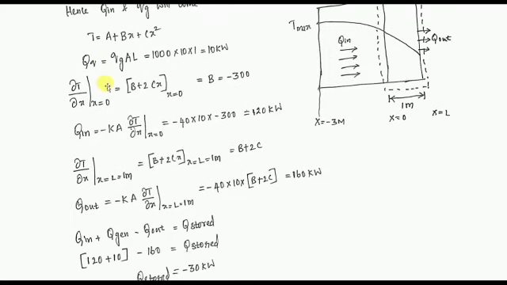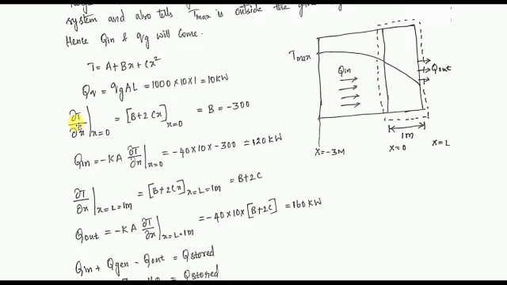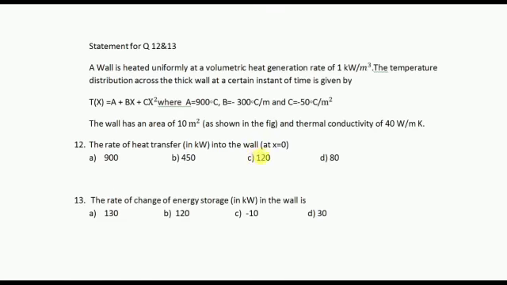Next, I want you to understand one thing, because we need to know Q in. We know the formula for Q in, that is minus kA dT/dx. They need it at x equal to 0. Very clearly in the question they have asked at x equal to 0.